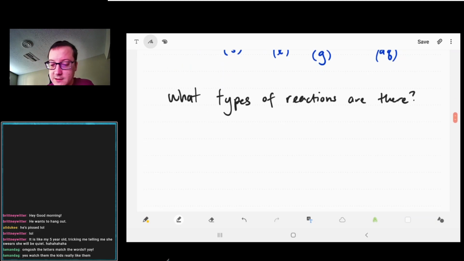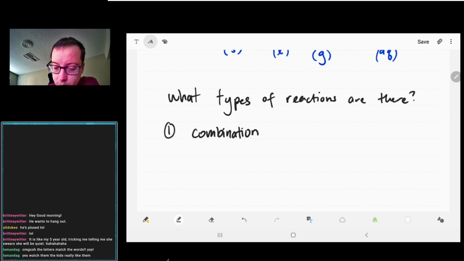And so our easiest type of reaction, actually there's kind of 2 of them, is called a combination reaction. And these are going to be ones where we have 2 things reacting together to make a third thing.